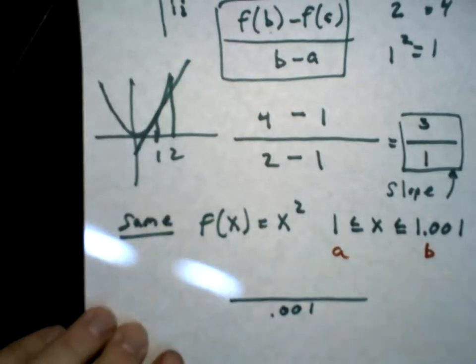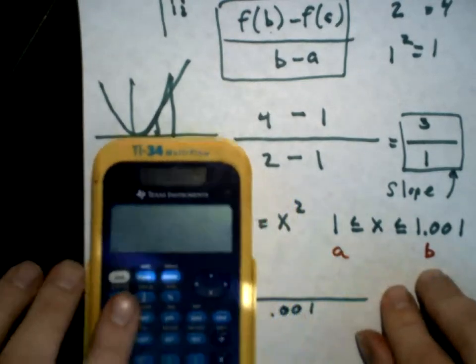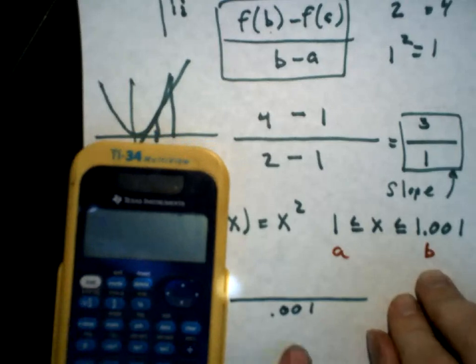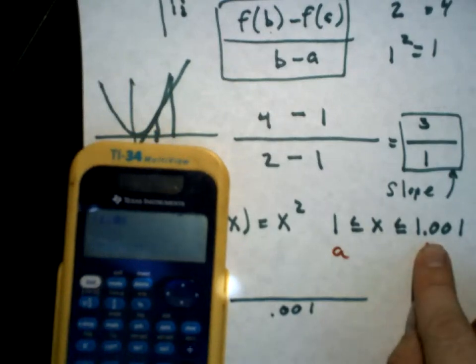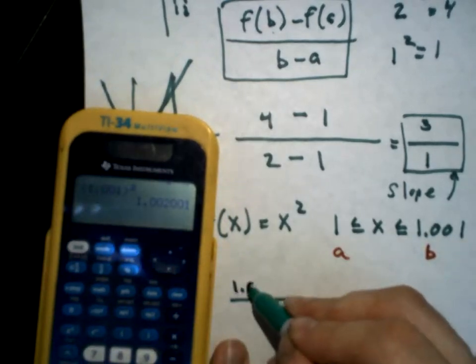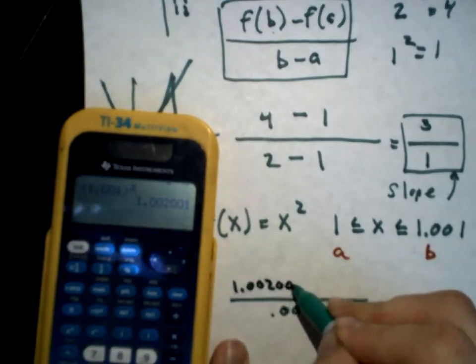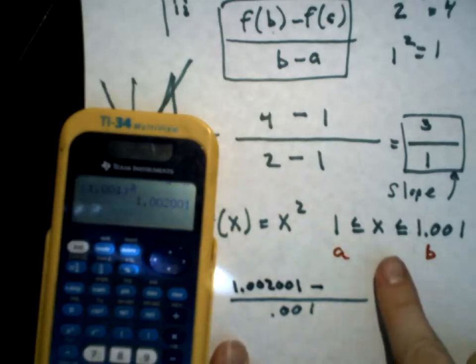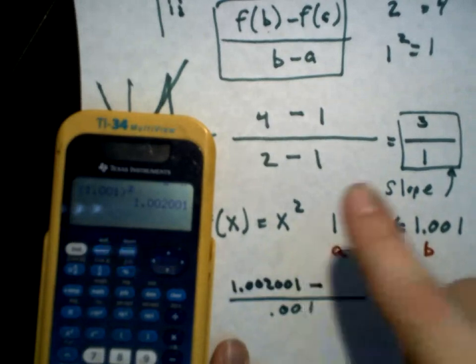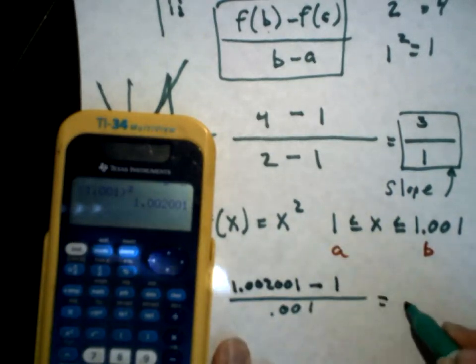So on the calculator, you go parentheses 1.001 squared, and then push enter, and that's the answer. So that's 1.002001 minus, well, if you put 1 into the function, isn't that just 1? Yeah.